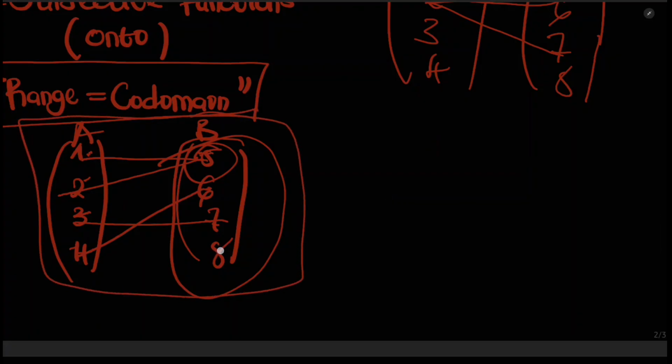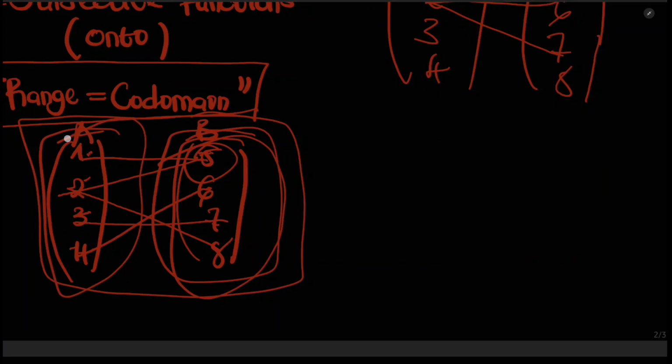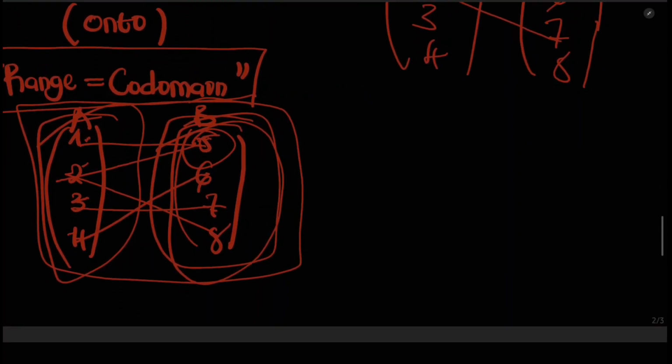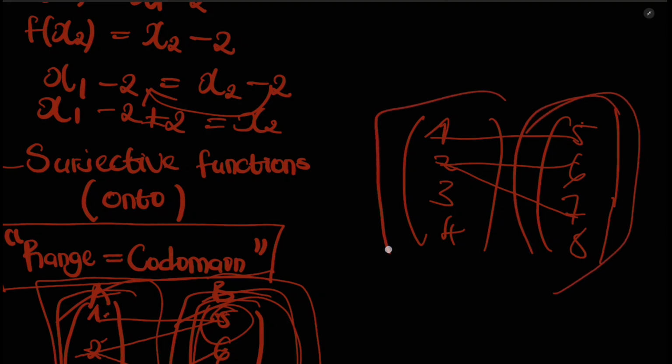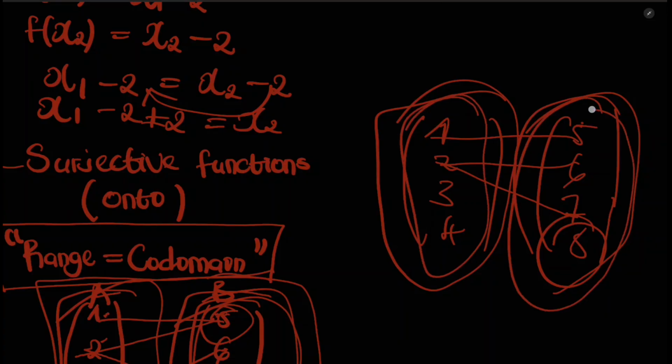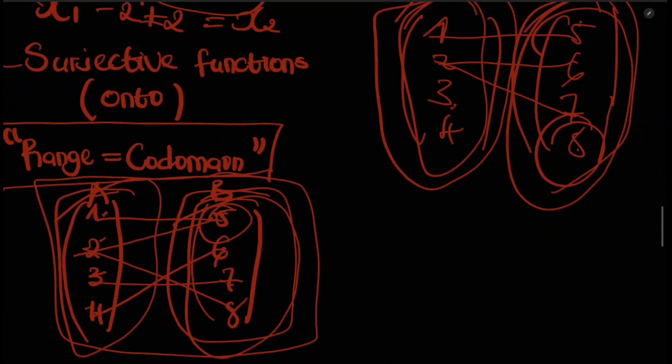This 8 is supposed to match somewhere because each element in the codomain should have an ancestor in the domain. So here, this should not be surjective because not every element in the codomain has an ancestor in the domain. 8 does not have an ancestor in the domain. It is not mapped to anything in the domain. This is the domain and this is the codomain. 8 is not mapped to anything in the domain. So this is not surjective.